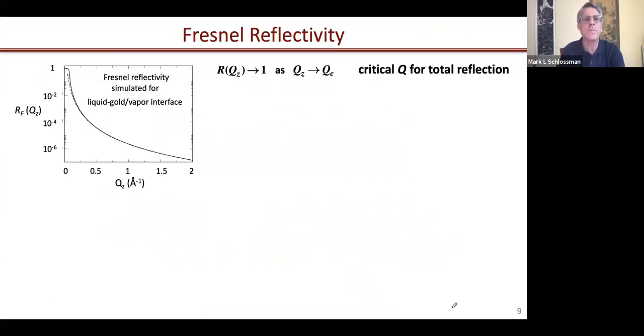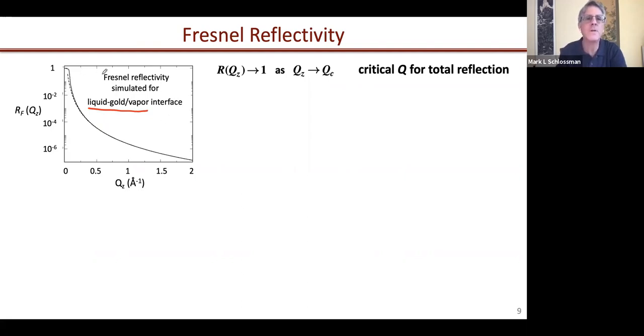Now let's think a little bit more about this liquid gold vapor interface curve. As I said, this reflectivity goes to 1 at small angles, or at small q. Remember, q is basically now just the sine of the incident angle.